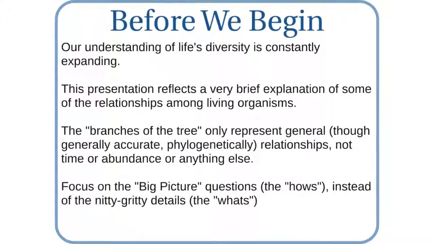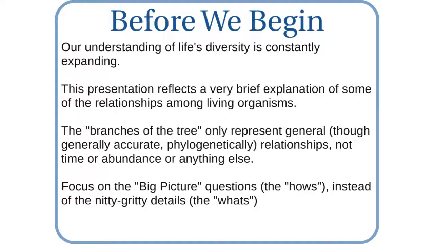Before we begin, we need to understand that our understanding of life's diversity is constantly expanding. It's expanding as new organisms are found. It's expanding as new lines of evidence are uncovered or put together. And so this presentation reflects a very brief explanation of some of the relationships among organisms. It's not complete.